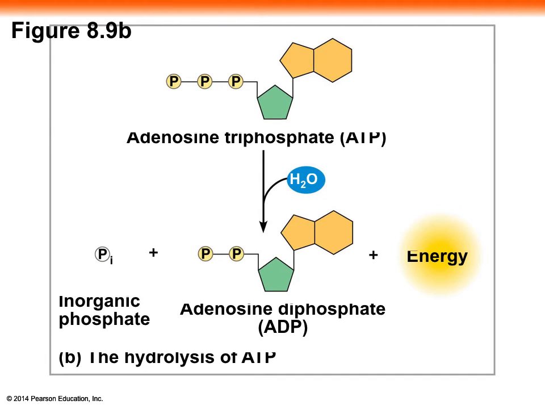Going from ATP to ADP, we are releasing the energy in the bonds of the ATP, and so we get energy out. Exergonic. We're not putting in energy, we're getting out energy. And just as we saw before, this is also an example of hydrolysis, adding water to break apart a molecule.